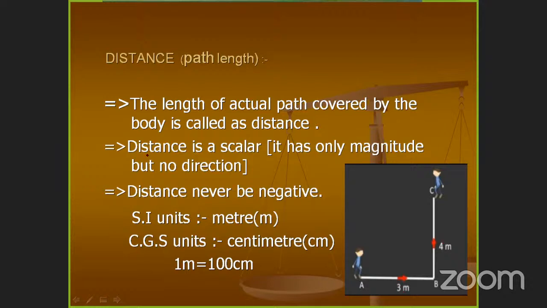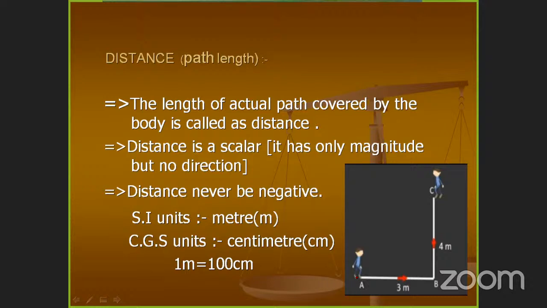The distance is a scalar. What is a scalar? A scalar quantity has only magnitude but no direction. See here, the boy at first moved towards the east side, then north side.